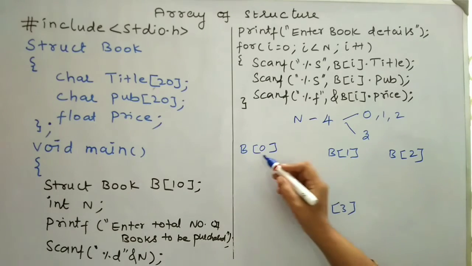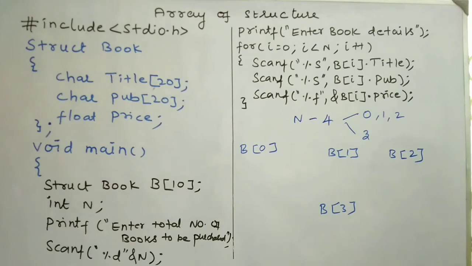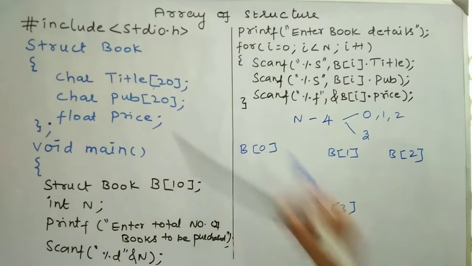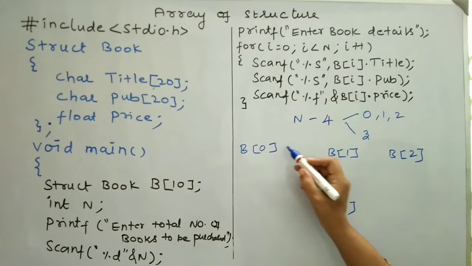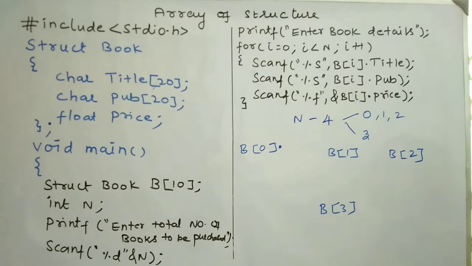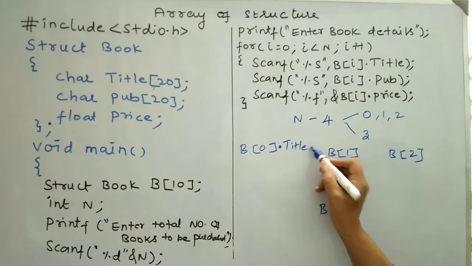If the structure variable wants to access the data members, the data members are title, publisher and price. Individually it can access them with the structure variable, and the dot operator is used to access the data member. First data member is title.